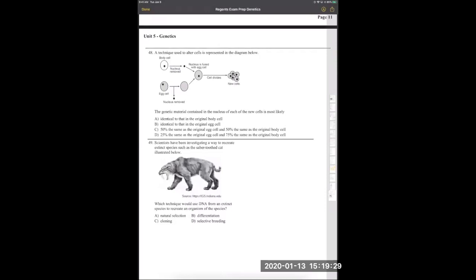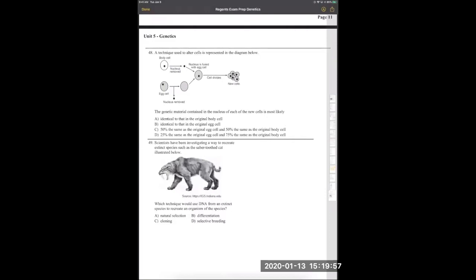Again, nucleus removed. So there's a body cell and an egg cell. You take the nucleus from a body cell and insert it into an egg cell. You replace the egg cell's nucleus with the body cell's nucleus. The nucleus is fused with the egg cell. Then the cell divides and you have new cells.